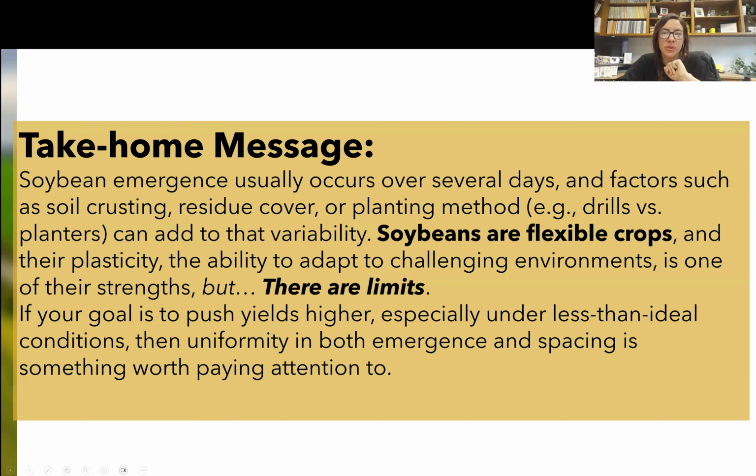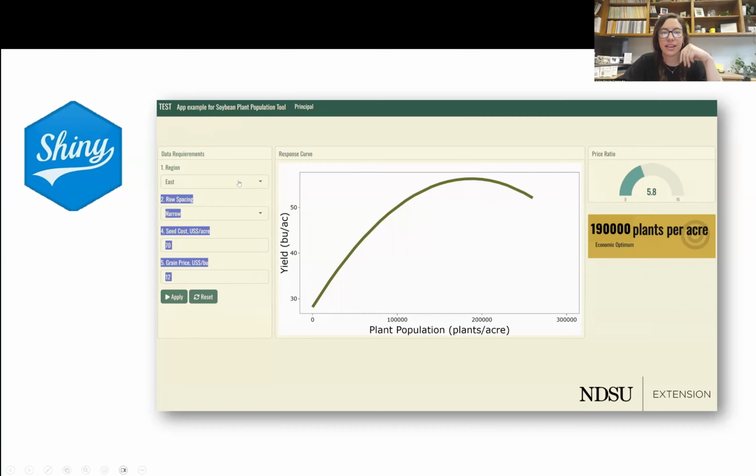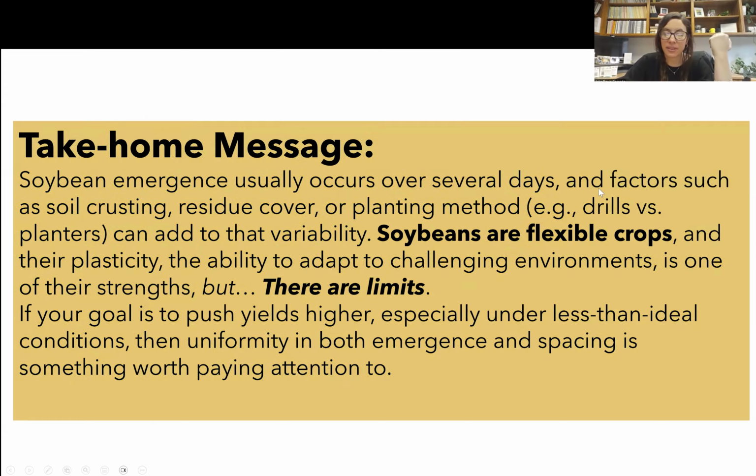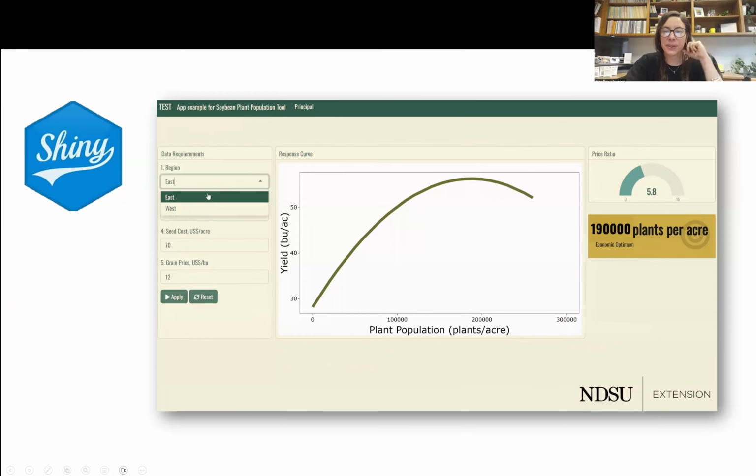And it looks like I don't know how to use PowerPoint. It gives you, here in this yellow box, an economical optimum. That is, again, different to that agronomical optimum that helps you optimize your yield.